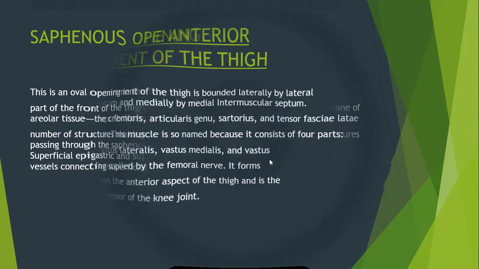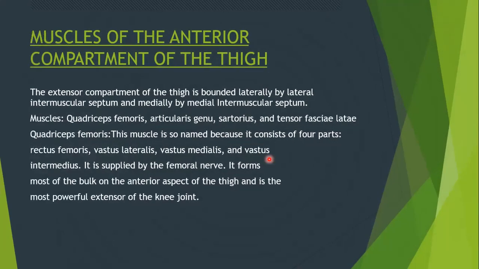So let's look now at the muscles of the anterior compartment of the thigh. Now, this is the extensor compartment. The anterior compartment is also known as the extensor compartment, since these muscles are knee extensors, the primary knee extensors. And it is bounded laterally by the lateral intermuscular septum and medially by the medial intermuscular septum.